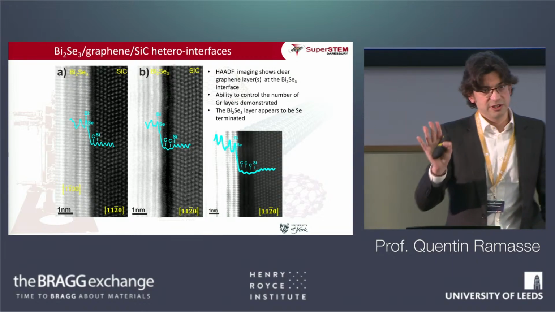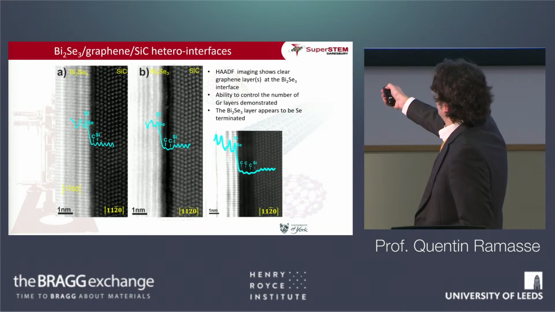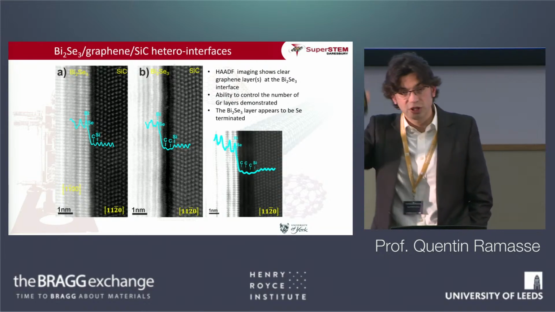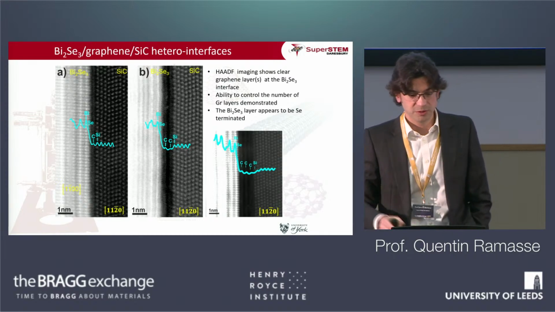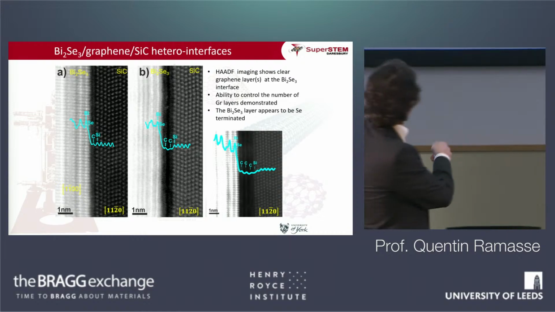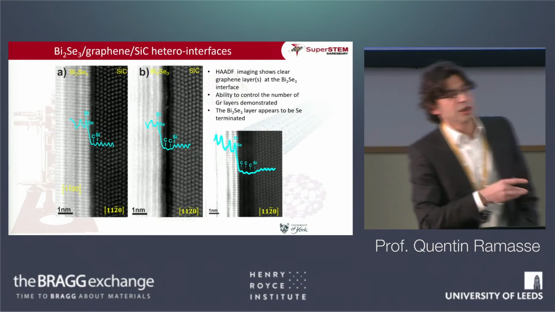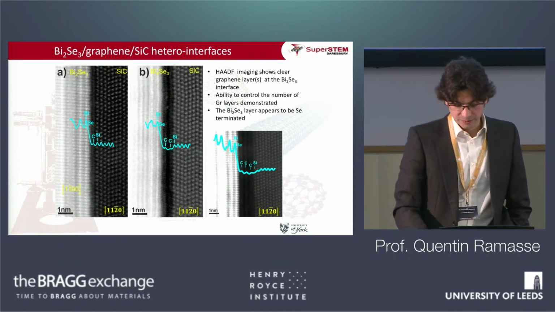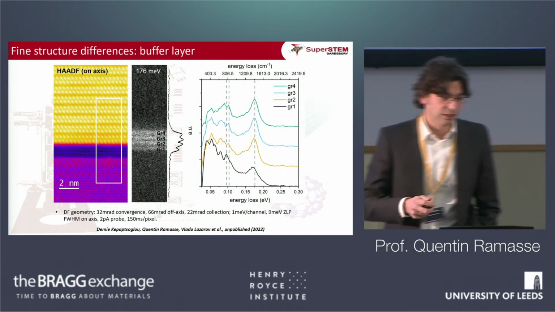That particular interface I don't have time to talk about. But in between, we had sandwiched a couple of layers of pure carbon or graphene or semi-standing graphene. And we could grow things that had either, in this case, 3 or 2 or just 1 layer of carbon, depending on how these things were grown. And that gives us a rather neat thing to look at.